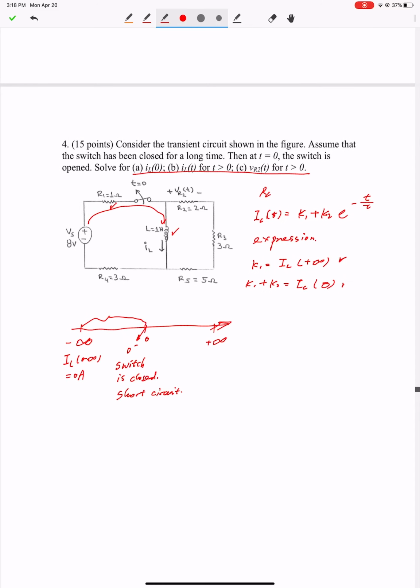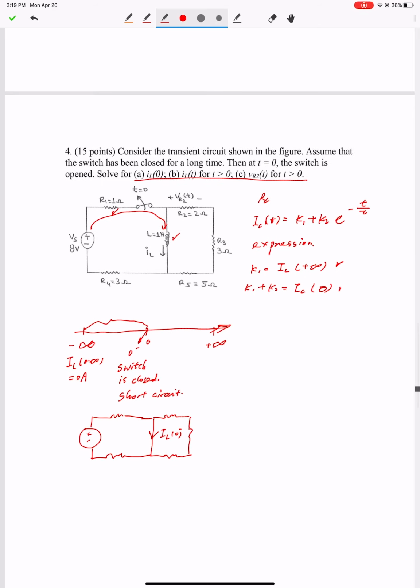So for the circuit at this moment, we can draw the corresponding circuit. Since the inductor is equivalent to a short circuit, I use a short circuit to replace the inductor. But we still need to find the current flowing through the inductor, which is this branch, right? And the current at this moment is named IL 0 minus.